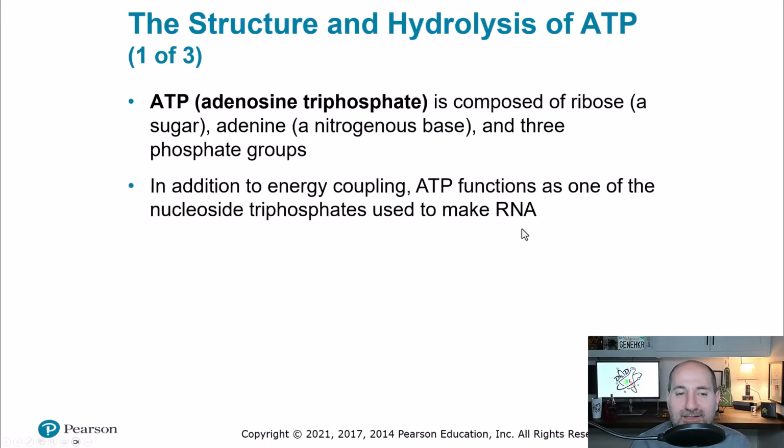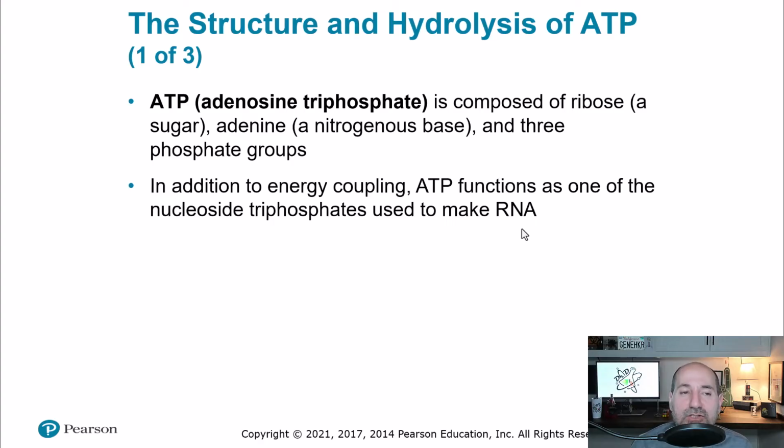So this is really surprising to a lot of students. You've heard of ATP in the past and you know that ATP is the energy currency of the cell. But did you know that the cell has two choices for what to do with ATP? It can either make RNA with ATP, or it can use ATP as energy currency in the cell. So that's kind of neat, right?